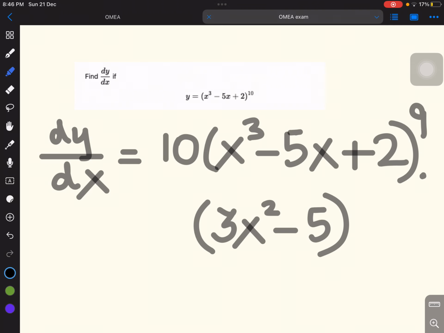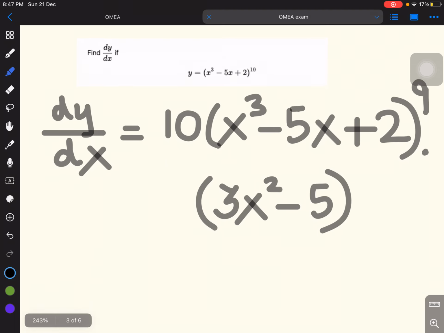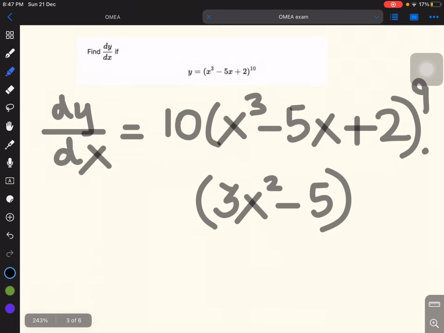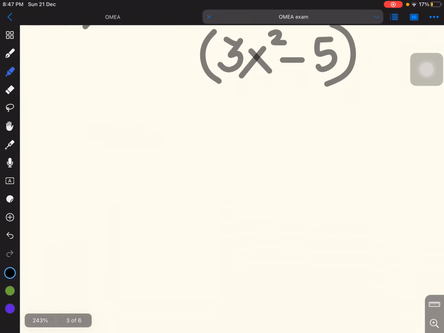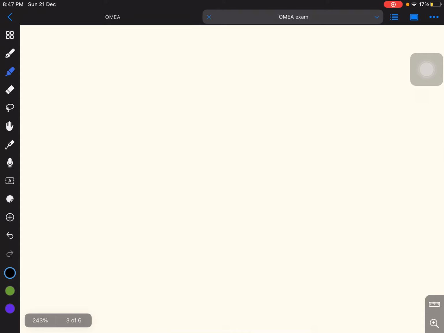So this is the final answer. The chain rule concept is something that you should know. By using the basic rules of differentiation, we solve a chain rule differentiation.